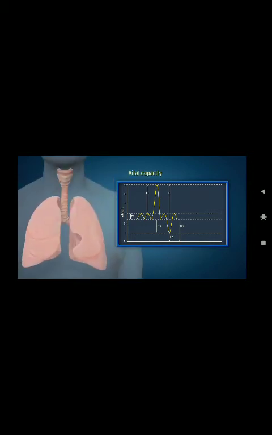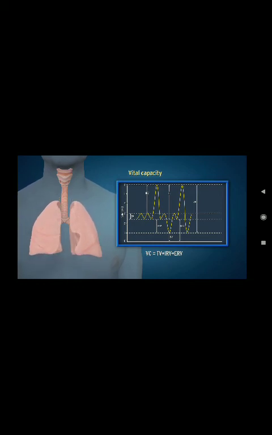Vital capacity, VC. It is the sum of inspiratory reserve volume, that is, the maximum volume of air that can be inhaled above tidal inspiration, tidal volume, and expiratory reserve volume, that is, the maximum volume of air that can be exhaled after the tidal expiration.